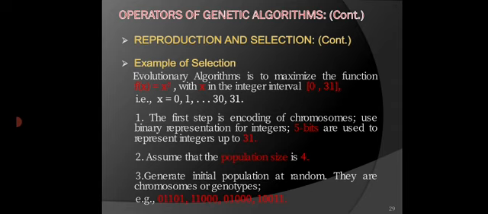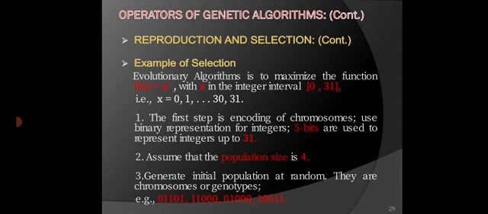I have highlighted the values with red color. We show the important selection points, right? So we have selected binary encoding with 5 bits and population size 4. Then generate the initial population by random selection. These are chromosomes. Now select chromosomes for values 0 to 31.